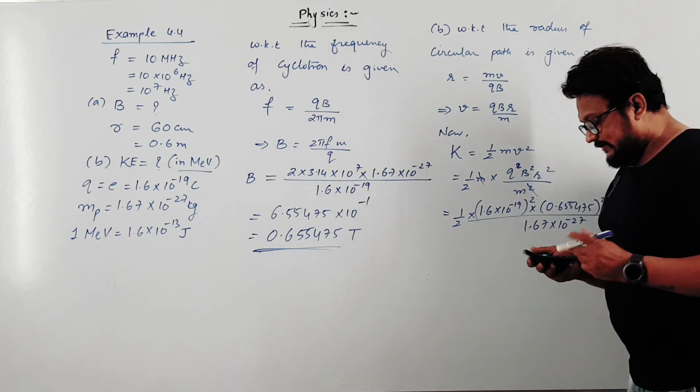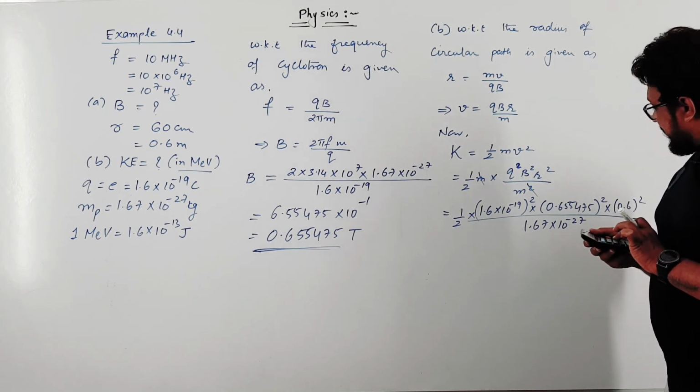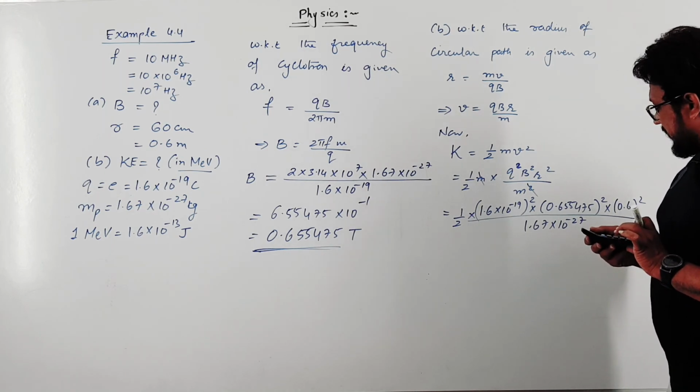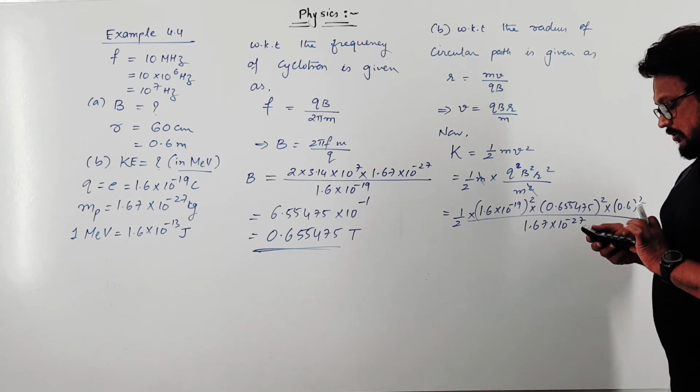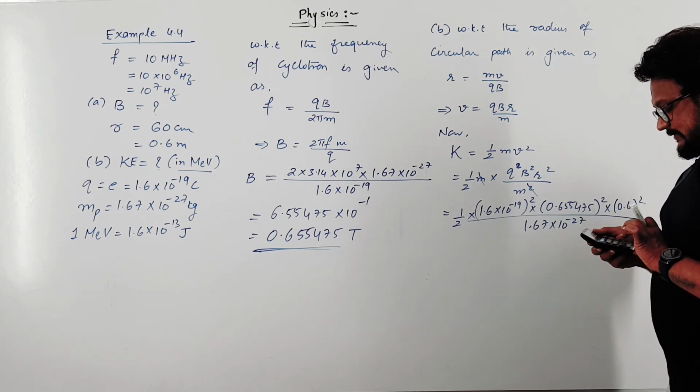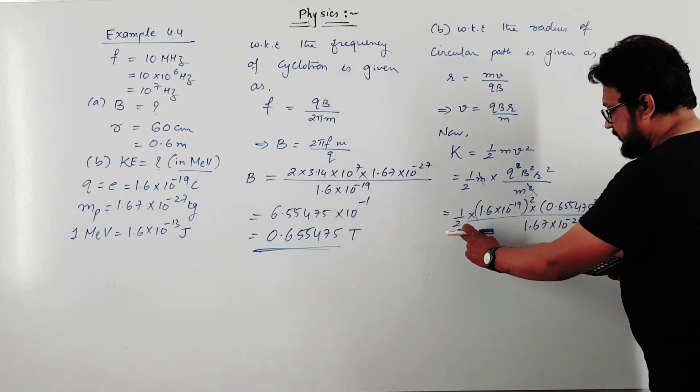If you simplify this, 1.6 × 1.6 × 0.655475 × 0.655475 × 0.6 × 0.6, divided by 2, divided by 1.67.